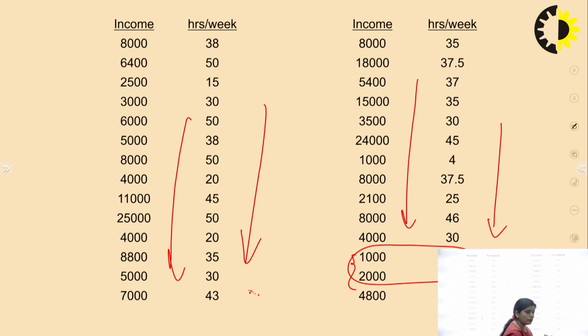So these kinds of causes or reasons can easily be identified with the help of the regression model. Why, if the hours per week is the same, the income is going to vary in this case? These kinds of things can easily be analyzed with the use of the regression model.